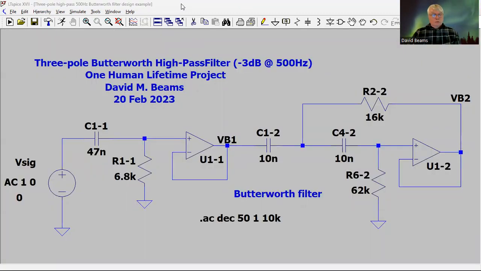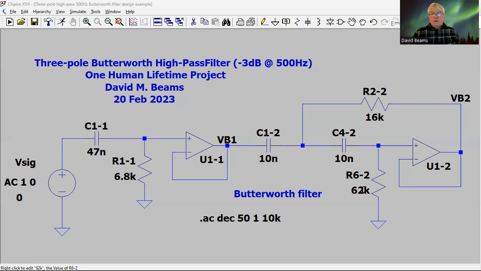Here's the filter with resistor values replaced by their nearest 5% tolerance standard values. 6.77 K, the exact value, was replaced by 6.8 K. 15.9 K was replaced by a standard value of 16 K.